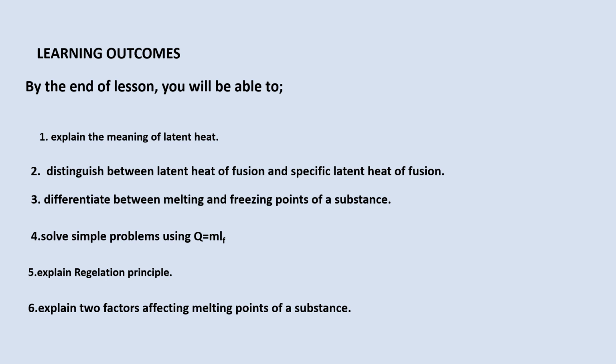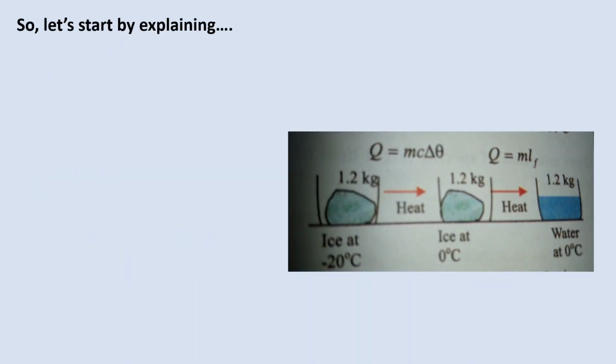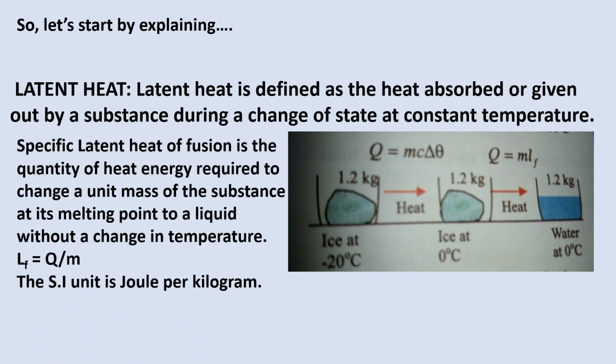Differentiate between melting and freezing points of a substance, 4. Solve simple problems using Q equals MLF, 5. Explain regelation principle, and 6. Explain two factors affecting melting points of a substance. So let's start by explaining latent heat.